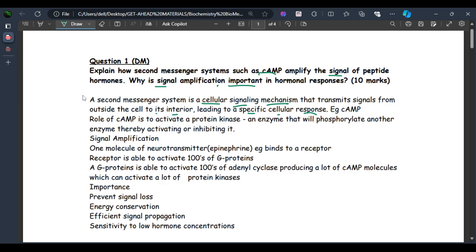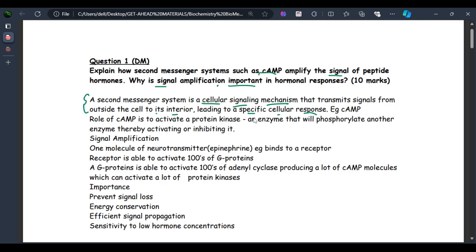You can put these words however you want, but that's the basic idea. It's a way in which cells translate an outside signal to an intracellular signal and stimulate an intracellular response.